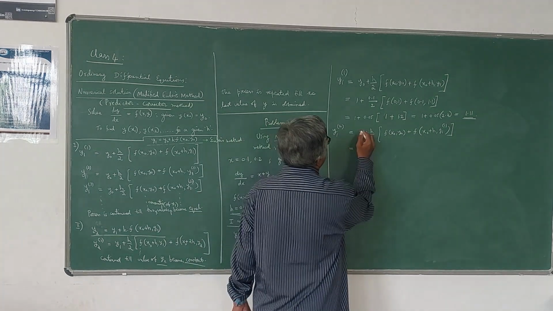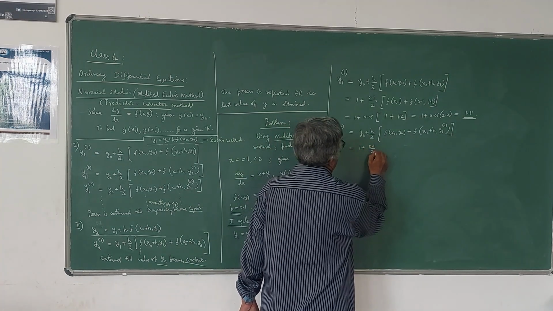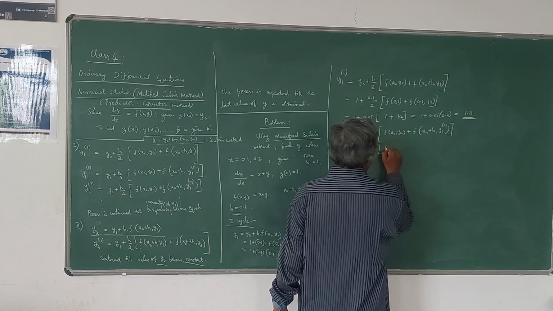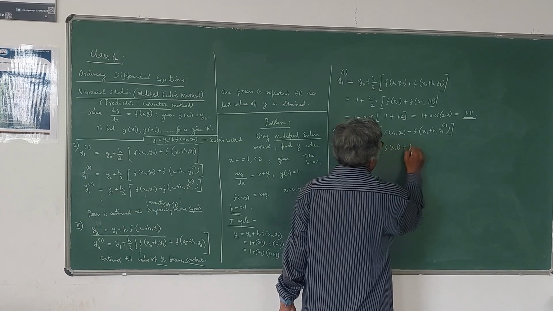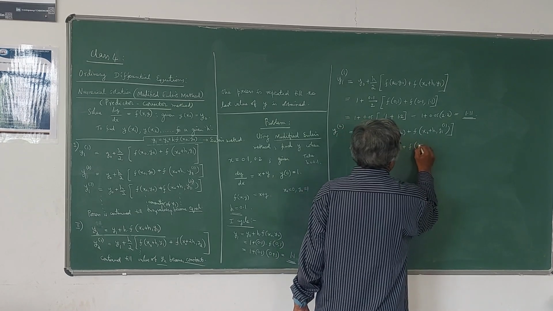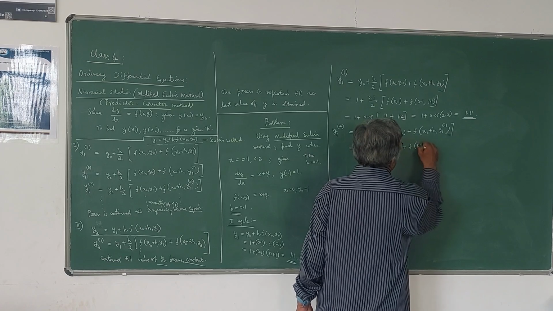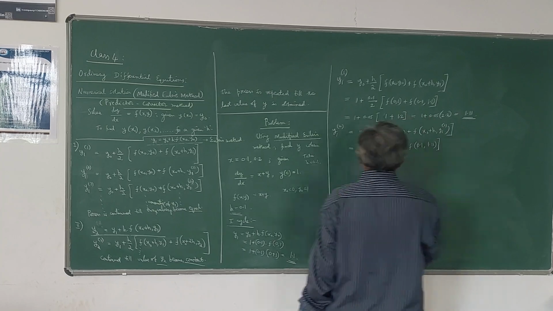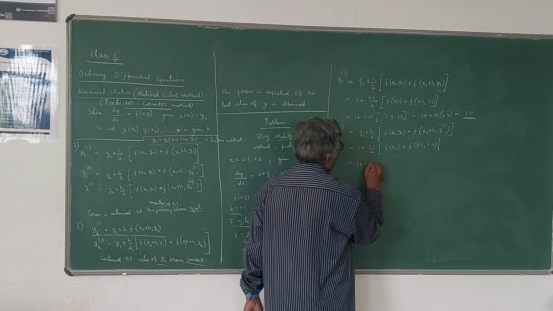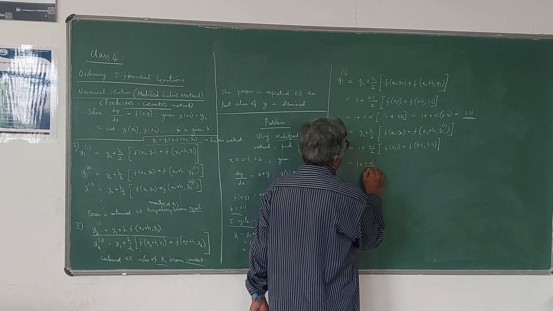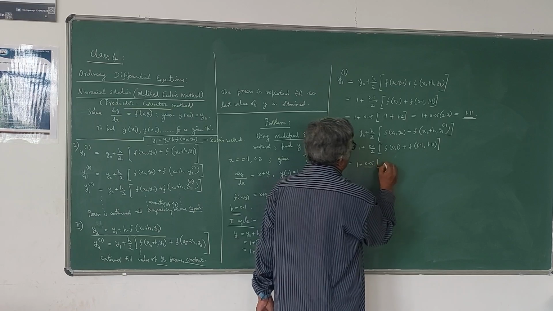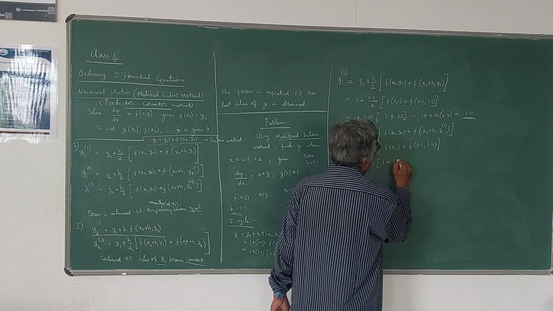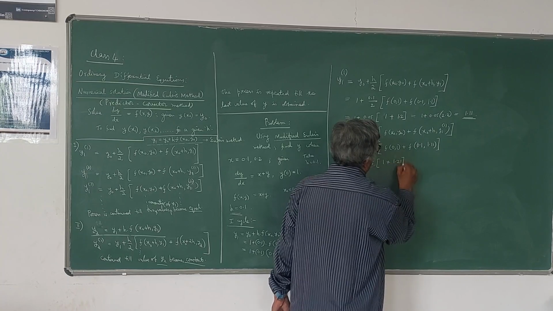Now y naught is 1 plus 0.1 by 2, h is 0.1, into f of 0 comma 1 plus f of 0.1 comma 1.11. So 1 plus 0.05 into, 0 plus 1 is 1, plus 0.1 plus 1.11, which means 1.21.